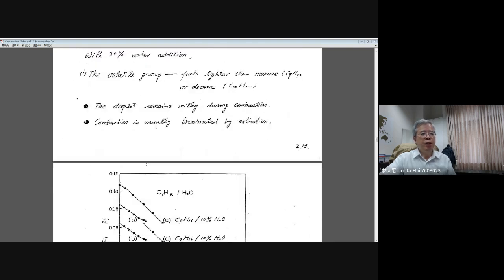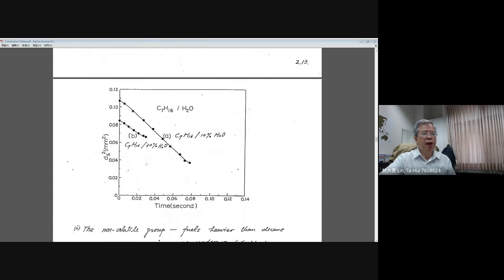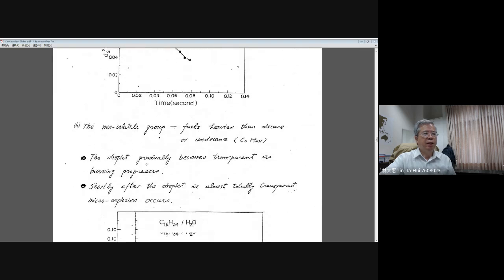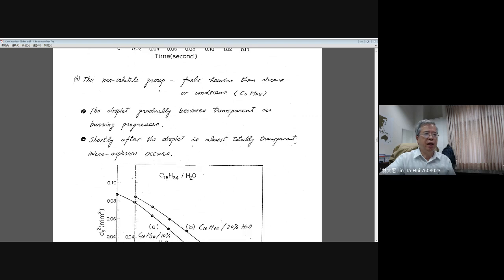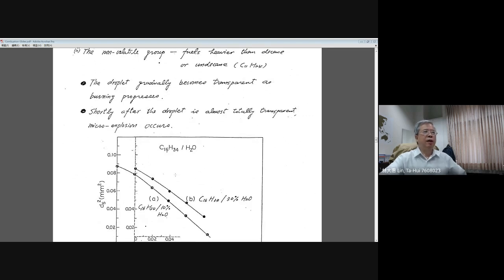Now we change to think about a high boiling point fuel. We say this is a non-volatile group mixed with water. The definition is fuel heavier than decane or undecane. Now we choose C16 as an example to mix with water. The first important thing you find in the burning process, which is very surprising, is that the appearance of the droplets changes from milky to transparent.